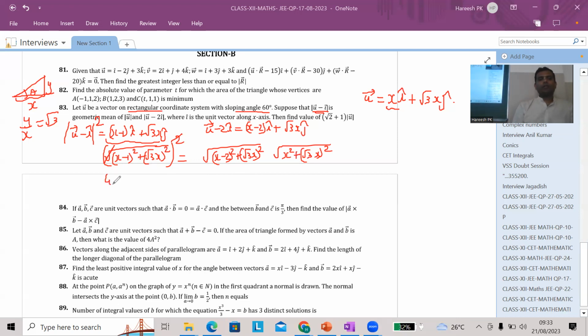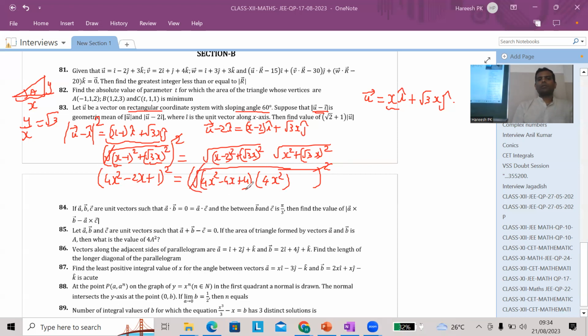You get 4x square minus 2x plus 1 is equal to the root of 4x square minus 2x plus 4, into 4x square. So probably now squaring on both sides, power 4 will come.